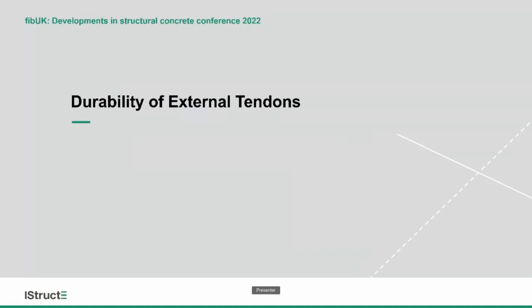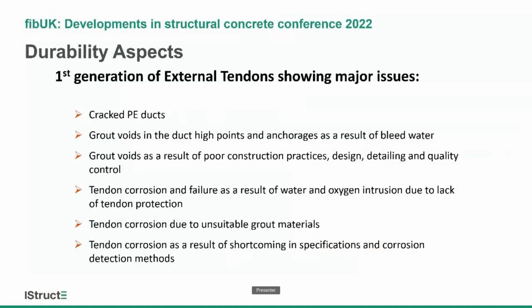This was good thinking, but there had been major issues identified. So I call this the first generation, where we see after 20, 25 years lifetime, PE ducts cracked, we have voids in the duct, we have problems with corrosion, water in the tendons, tendon corrosion.